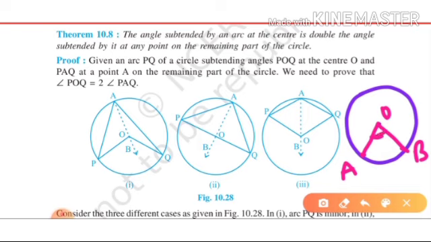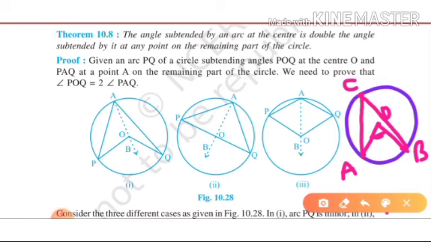This angle subtended by the arc AB will be double, that means twice. If we draw another arc, the same arc, and then join, we take another point on the circle.